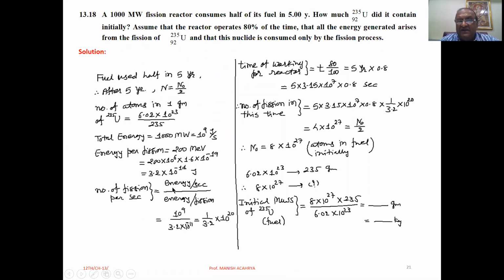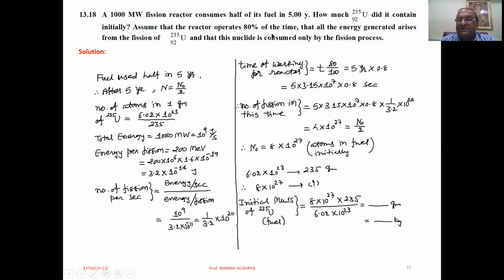Taking the ratio of energy per second to energy per fission gives the number of fissions per second: 10 raised to 9 upon 3.2 into 10 raised to minus 11, which is 1 upon 3.2 into 10 raised to 20. This is the number of fissions per second. Clear?